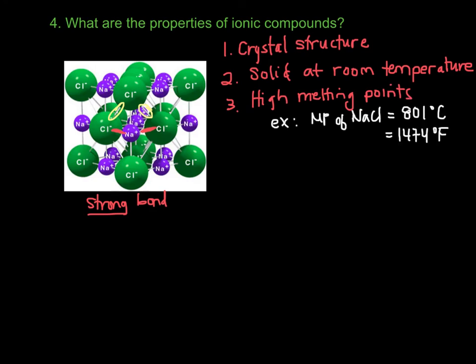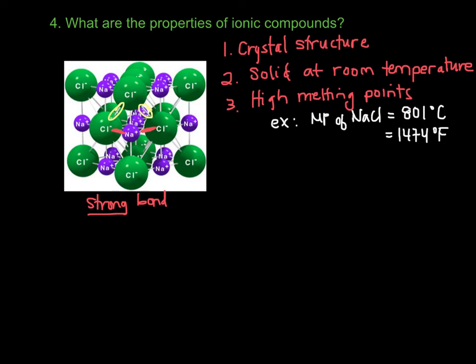Just to give you an example of how high these melting points are, sodium chloride melts at 801 degrees Celsius. If you figure water melts at 0 degrees Celsius, that's really high. Or if you're used to using Fahrenheit, that's 1,474 degrees Fahrenheit. That's a really, really high melting point.